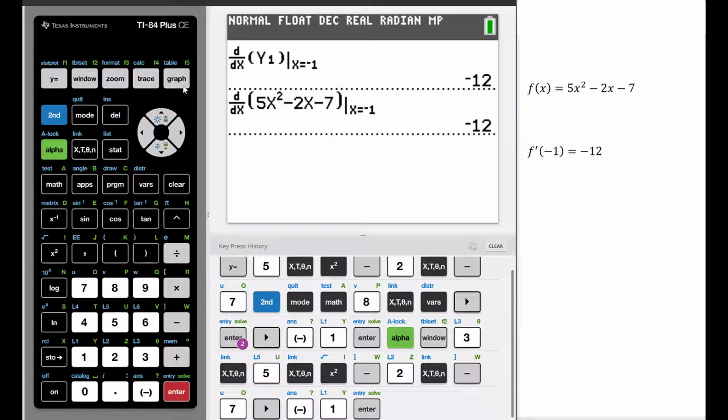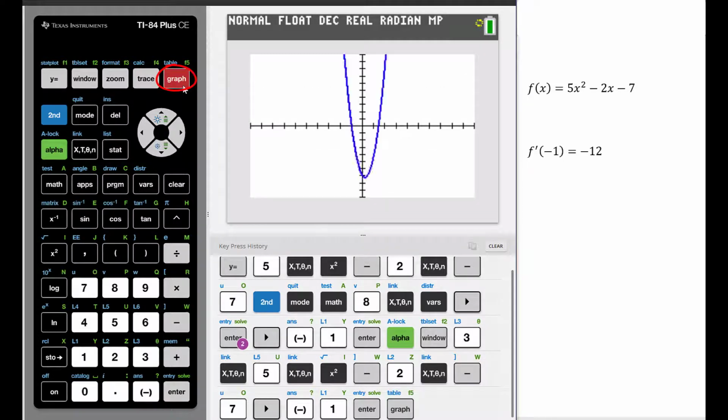We can also find this by going to our Graph button. If we press the Graph button, we will see a graph of the function f of x equals 5x squared minus 2x minus 7. This is a parabola that opens upward. It appears to have a y-intercept at (0, -7), and the vertex is in quadrant 4.